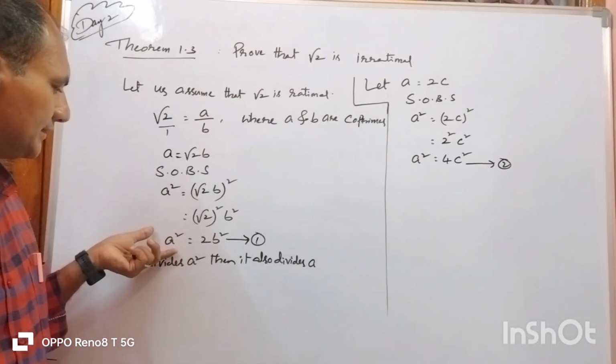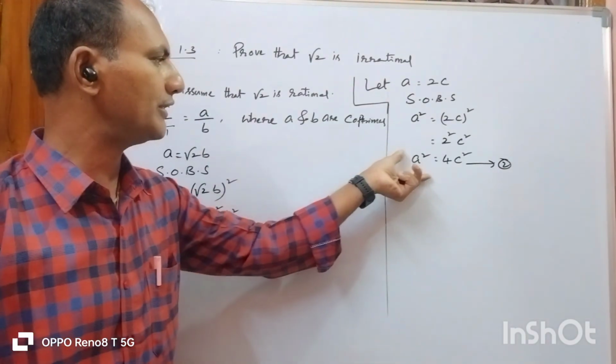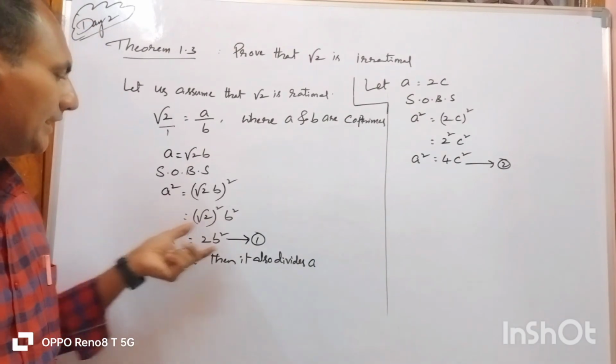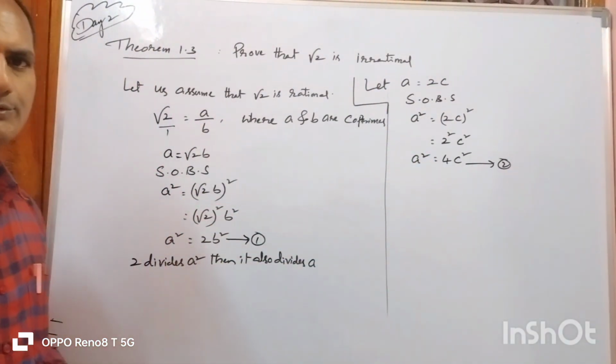Equation 1, check it once. a square equals 2b square. Here also a square equals 4c square. LHS are equal, then RHS also equal.